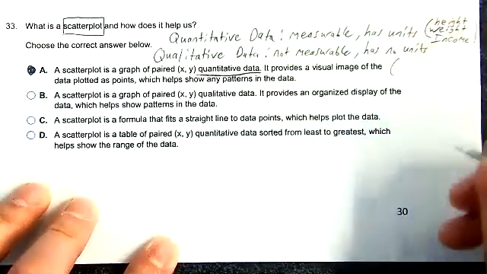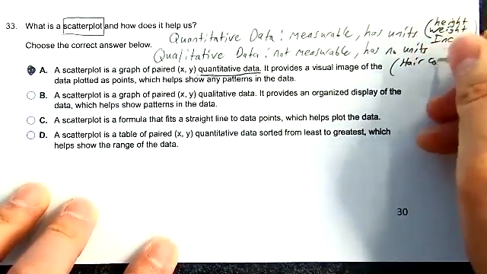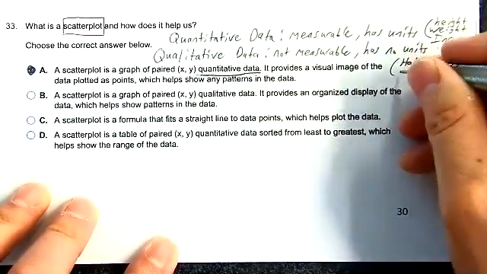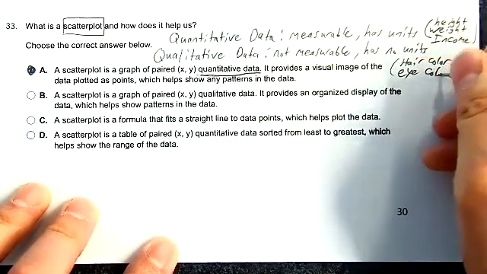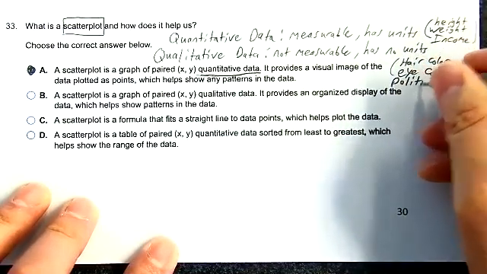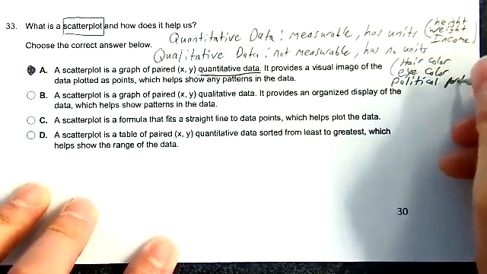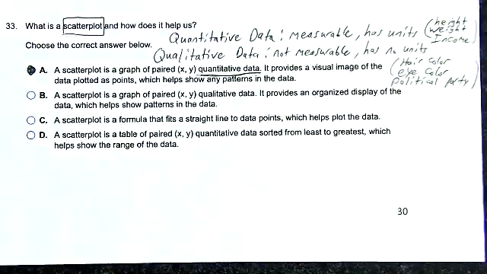So, for example, it's things like hair color or eye color would be one, or political affiliation, political party we'll call it. So we might talk about the number of people with blue eyes versus brown versus green or something like that.